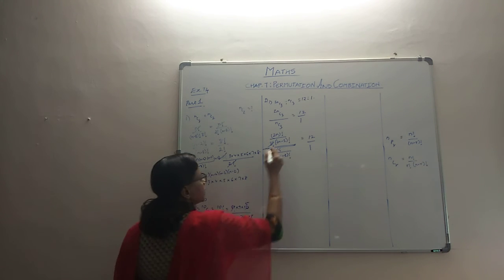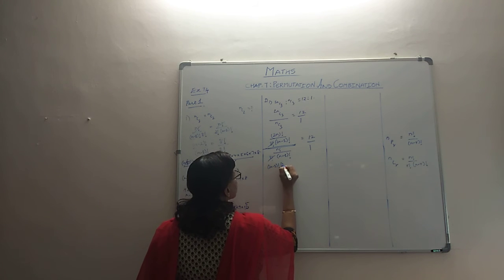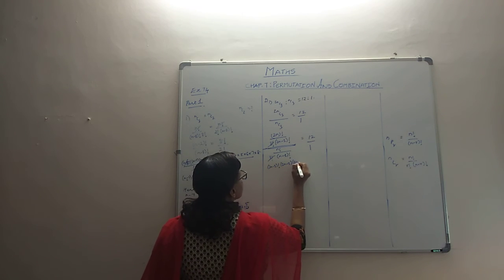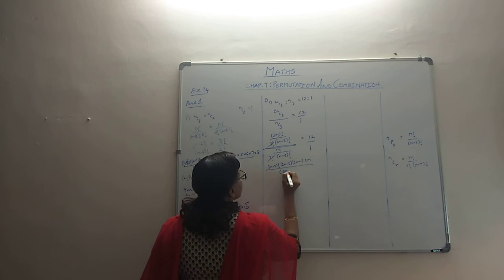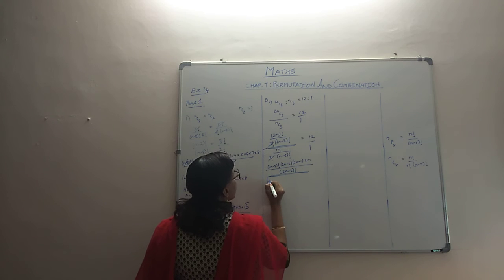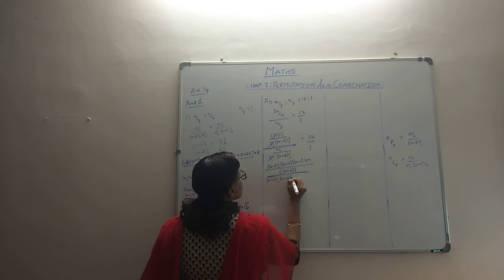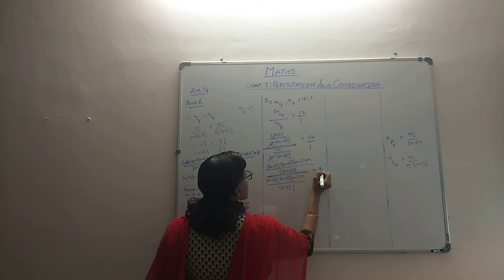So 2n minus 3 is a smaller number. So 2n minus 3 factorial into 2n minus 2 into 2n minus 1 into 2n. That's how this can get simplified. And you have 2n minus 3 factorial here. And this is overall, again, n minus 3 is a smaller number into n minus 2 into n minus 1 into n by n minus 3 factorial. And here 12 by 1 remains unchanged.